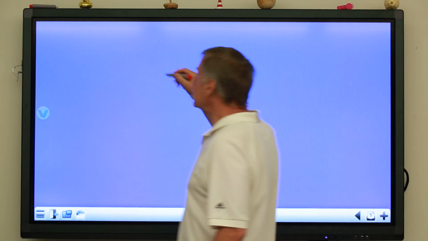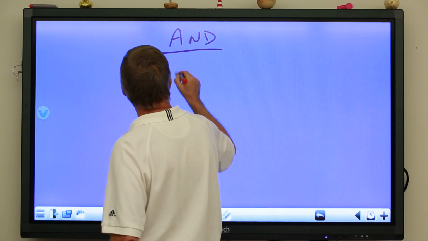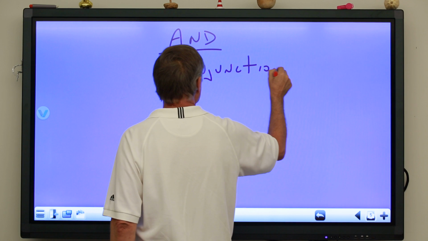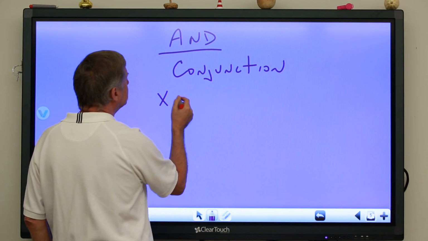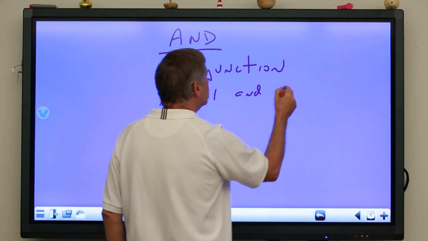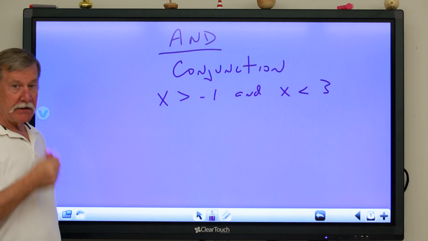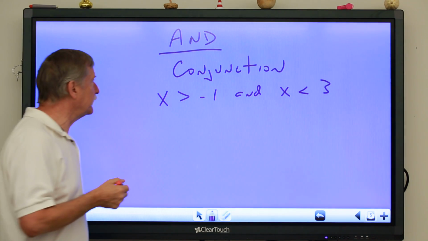Now, an "and" we can write as a conjunction. In other words, we can say x is greater than -1 and x is less than 3. Once again, we're saying we're interested in everything that's between -1 and 3.